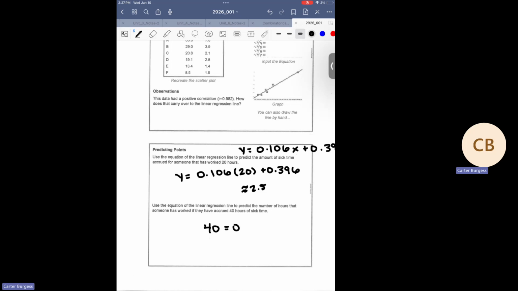This is equal to 0.106 times x plus 0.396. What do I have to do to solve for x? Before we divide, we have to subtract from both sides and then divide by that 0.106. So subtracting and then dividing.